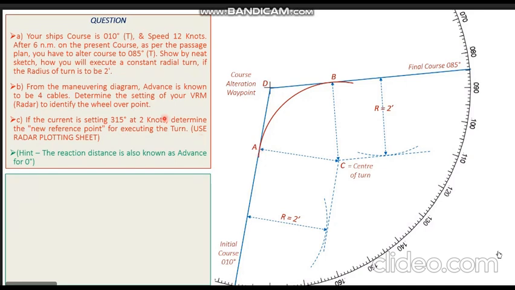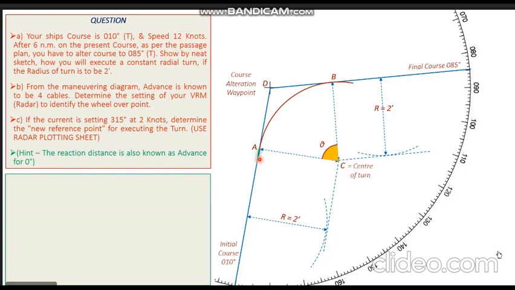Now we are aware that in this question they have told us that the advance is known to be 4 cables. This is advance for 0 degrees, which is basically our reaction distance. So now as per my distance scale, I measure a distance of 0.4 nautical miles from point A, or before point A, and mark off that point.